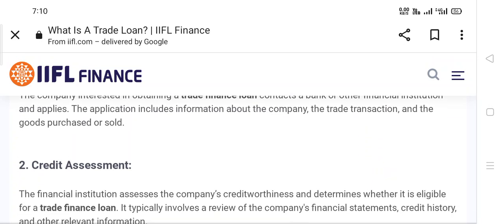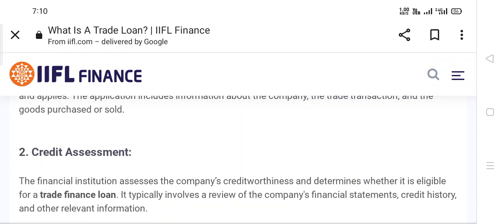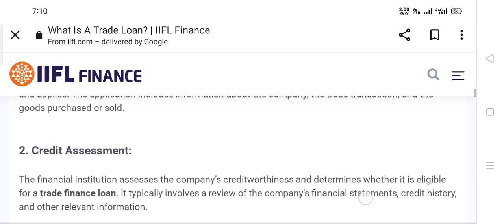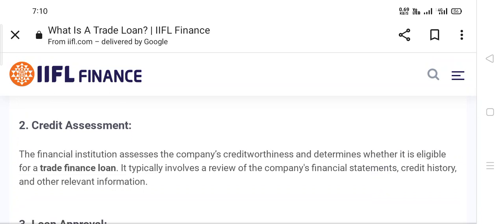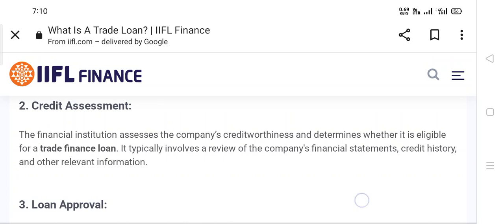The financial institution assesses the company's creditworthiness and determines whether it is eligible for a trade finance loan. It typically involves a review of the company's financial statements, credit history, and other relevant information.